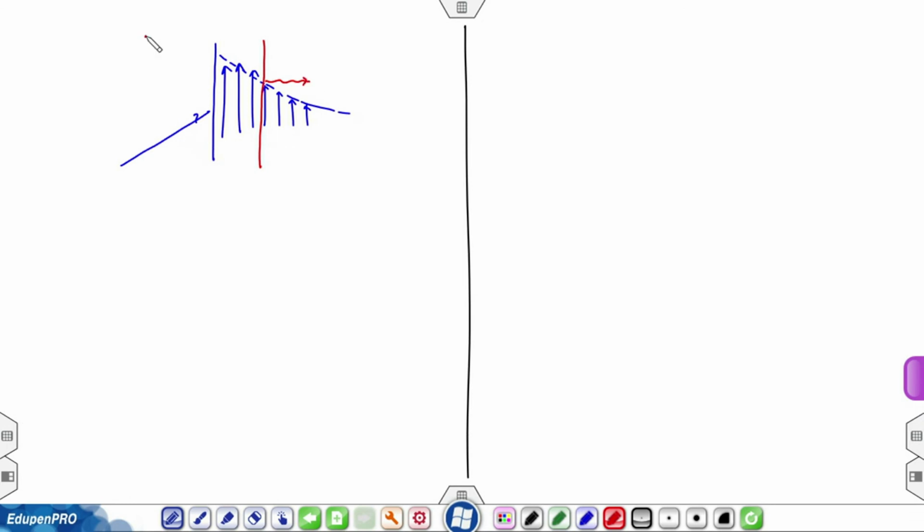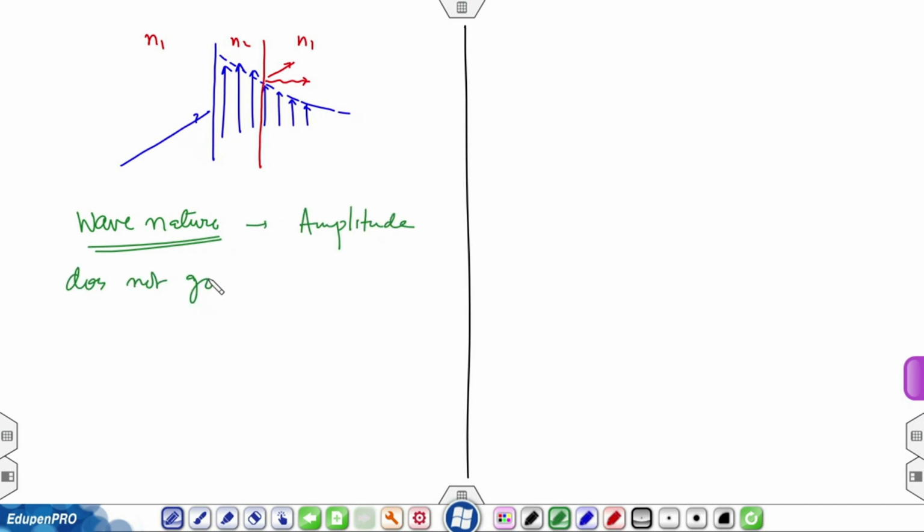If this is n1, this is n1, this is n2, the wave will propagate again with the same k. This is related to wave nature. Whenever there is a wave, amplitude suddenly does not go to 0, but decays. So, if you can feel the field on the other side, it will again transmit, and this is quantum mechanically related to the phenomenon of tunneling.